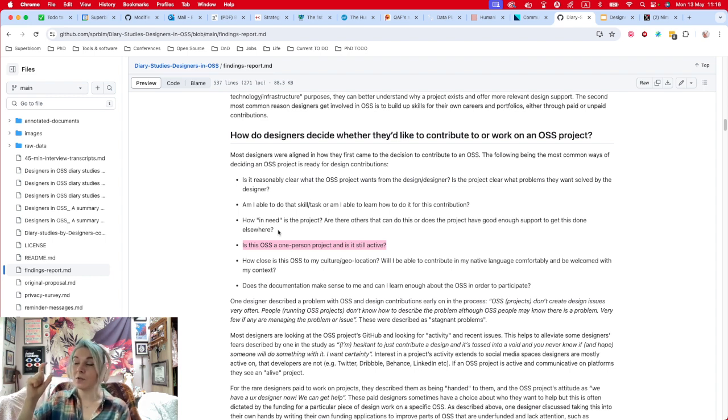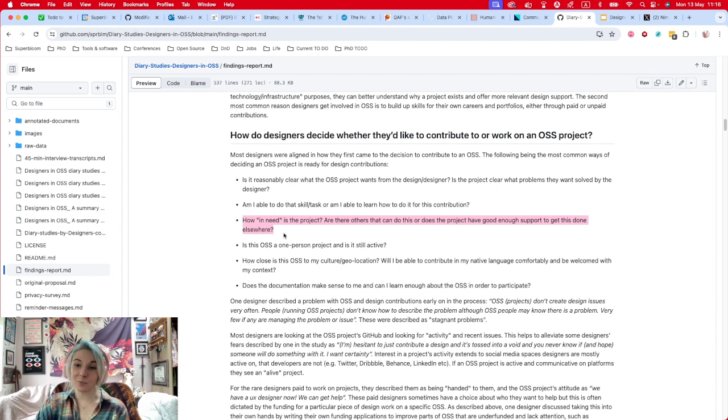And is it still active regardless of how many people are in the project? Another part of that question, if I remember correctly from one participant, is what impression they get of the founder, and is the founder of the project still involved?